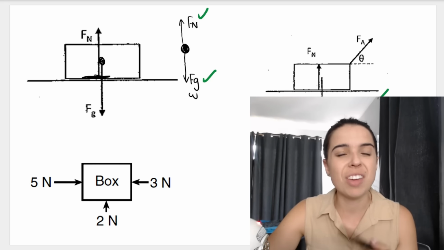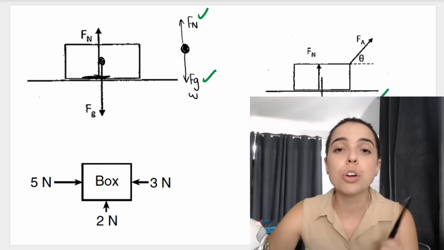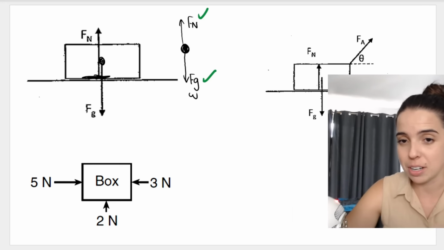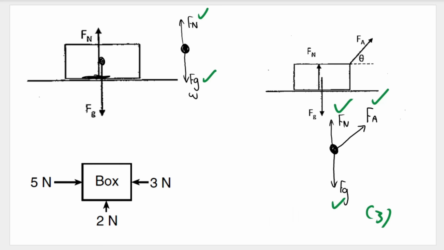And included with extra forces is also when you break up the forces into its components on the free body diagram for marks. What I mean by that is we have learned in other videos that because the applied force here is acting at an angle relative to the surface, we can break it up into its horizontal force, which is FAX or FA parallel, and its vertical force, which is FAY.